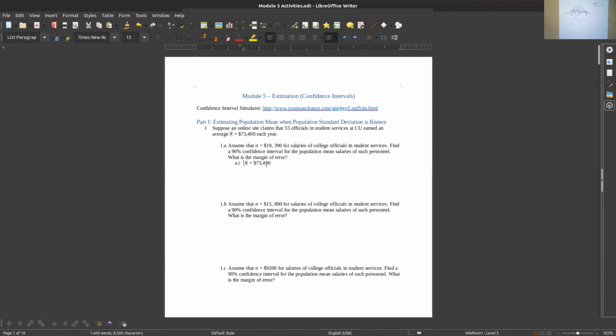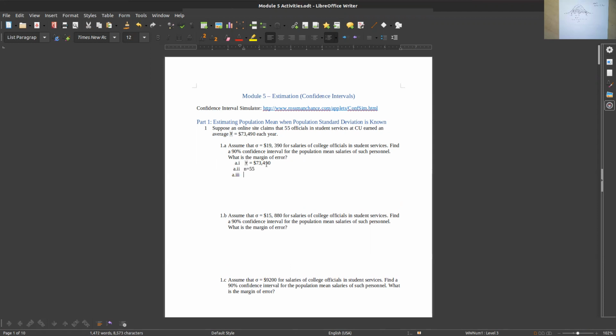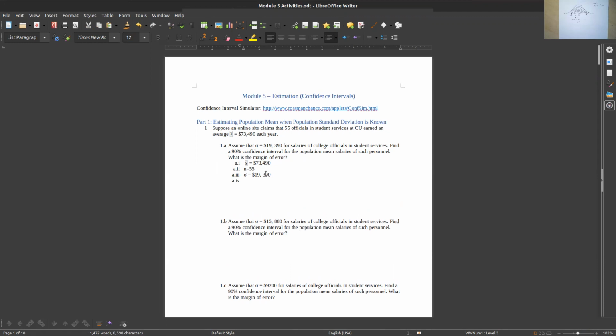So a good thing to do when you start your problems is list out all the basic information. We've got our sample mean, our sample size, our standard deviation, and now a confidence level. So I'll reread those. CL is 90%.